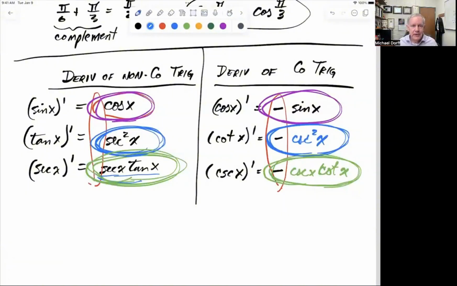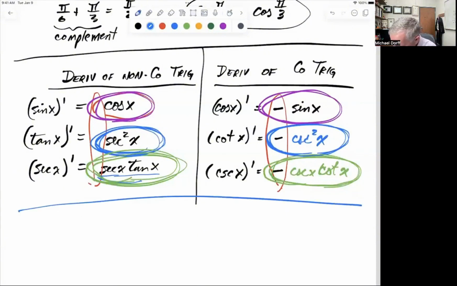But I think another good way to do this is to notice that the derivative of tangent is secant times secant. So in that whole process, I've got a tangent and then two secants. When I take the derivative of secant, I've got the secant, and the derivative of it is secant tangent. Again, I've got two secants and a tangent; it's just the order that is different.